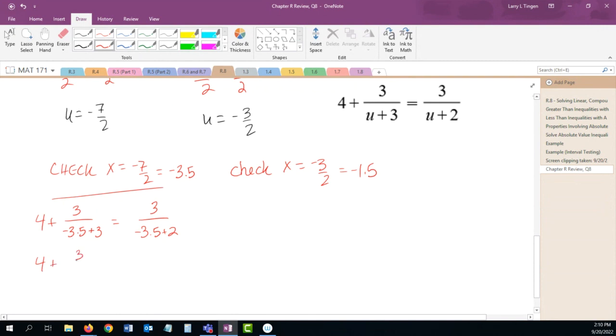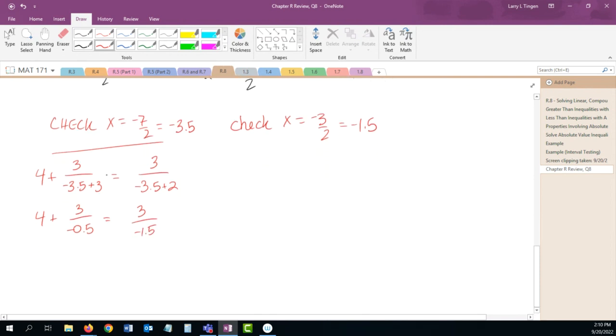So I'm looking at 4 plus 3 over -3.5 plus 3, which is -0.5, equal to 3 over -3.5 plus 2, which is -1.5. And then if I put these in a calculator, I'm going to find out that 3 divided by -0.5 is -6.